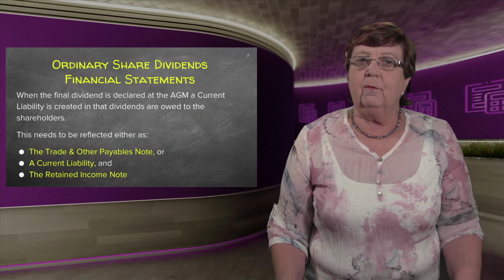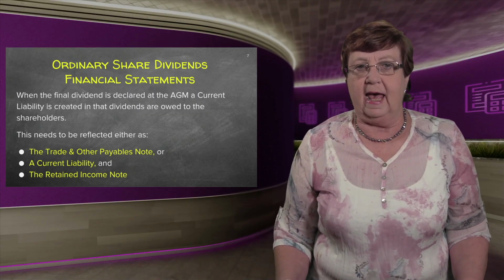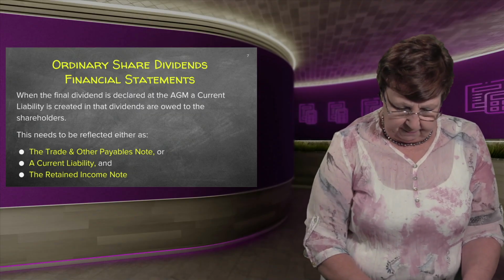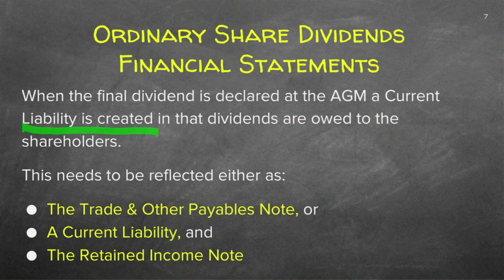As I said just now, when the final dividend is declared at the AGM, a liability is created in that dividends are owed to shareholders. This needs to be reflected in our financial statements, and we're going to be looking at two places where we need to record this final dividend.